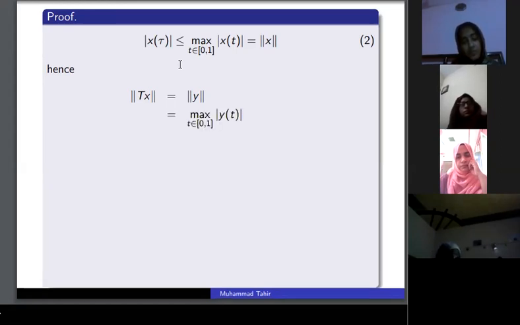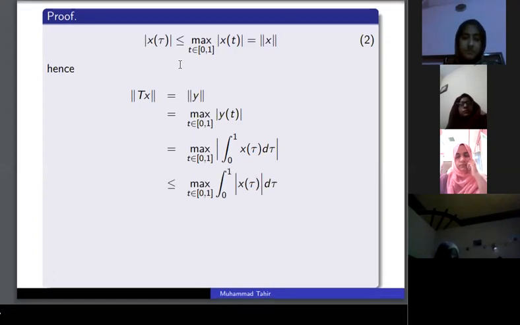If we see, the norm of y should be the maximum value of y of t. And what is y of t? y of t is the integral of x of t, from, this is a typing error, this is from 0 to t. We know that the absolute value of an integral is less than or equal to the integral of the absolute value. And x of t, from equation 2, is less than or equal to the norm of x.